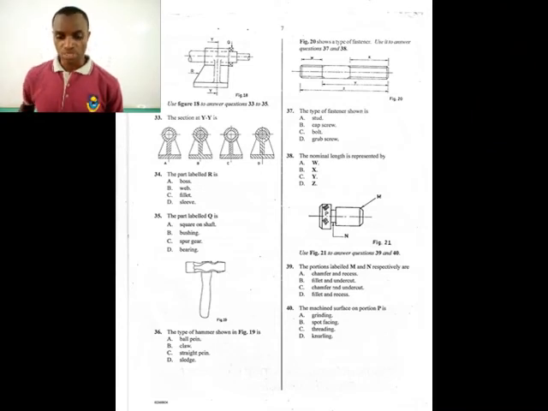Use figure 18 to answer questions 33 to 35. The answer is B. The reason is that if you look at the 4 options given and at the drawing given, in the drawing there's a shaft that enters inside, which is supported by a bearing labeled Q.